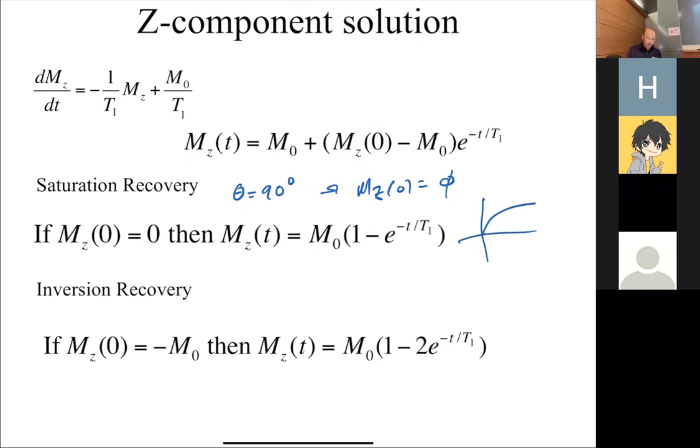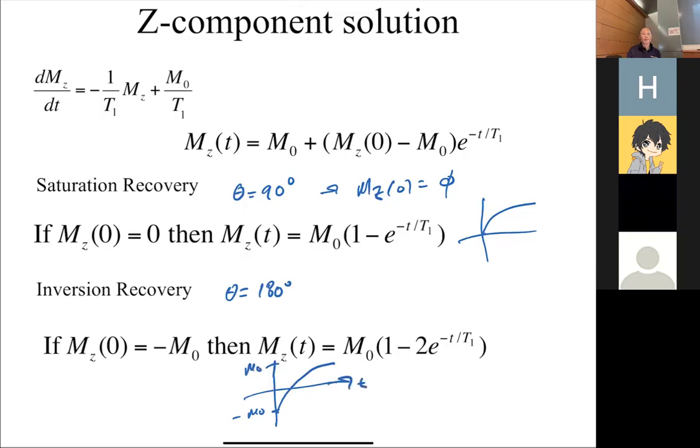The other thing, which really starts our discussion of why you would pick some other flip angle: let's say I picked a flip angle of 180 degrees. Then I would start off at minus M0, because I would have flipped the magnetization all the way down here, and now the recovery is going to look like that.